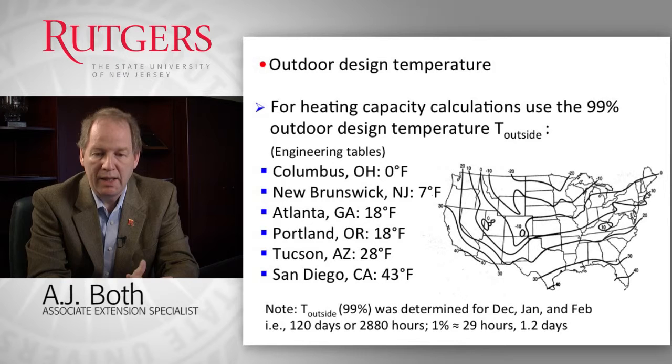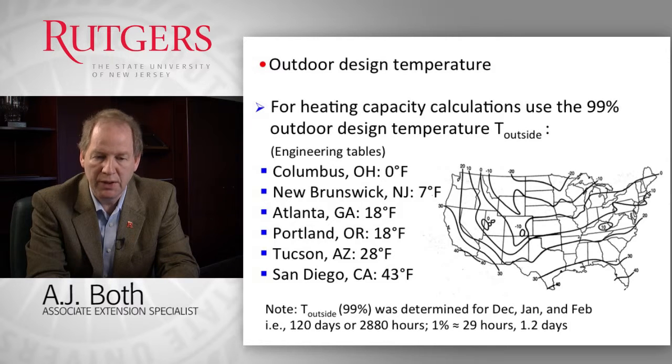So here you see a table, and this is most commonly how we approach this issue of the outside design temperature. We look at engineering tables for different locations and try to figure out what this 99% design temperature is that we need to use in our calculations. The other way we can do this is by looking at pictures of a map where the design temperatures are drawn in contour lines.